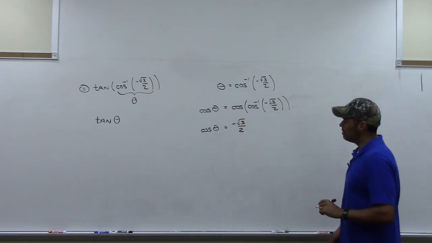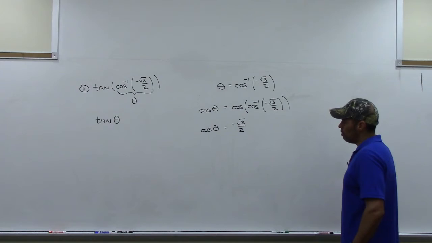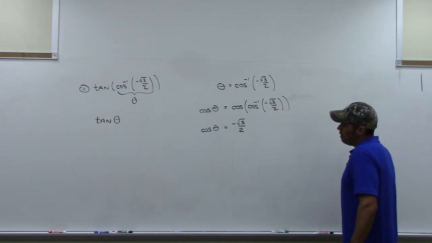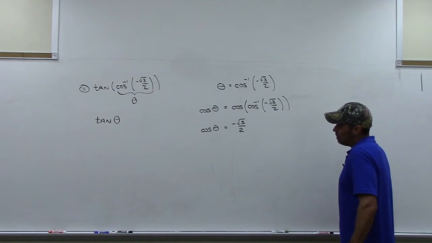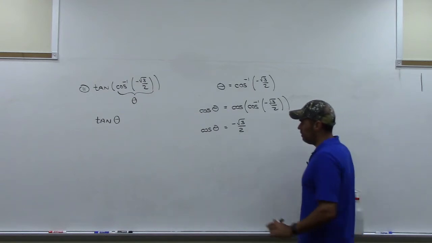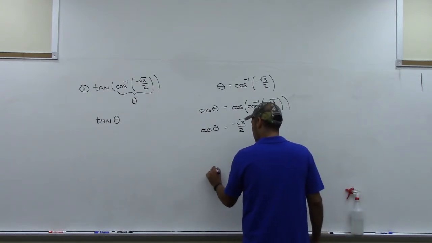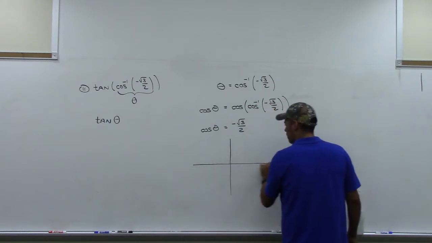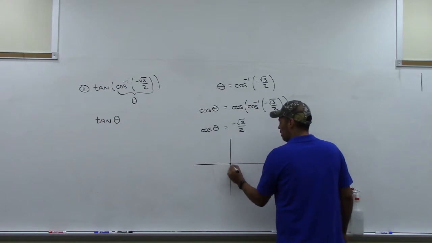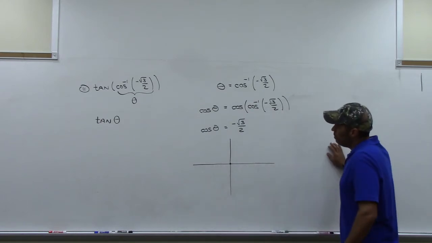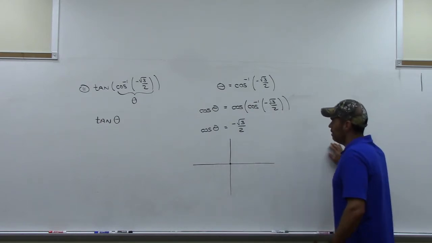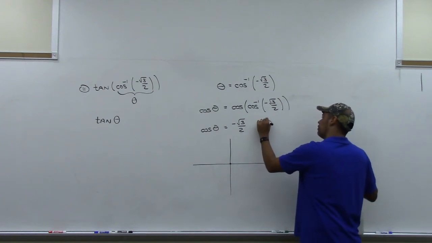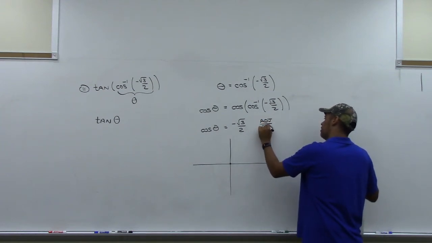And now from this, I can try to draw a reference triangle. The reference triangle is going to be a little bit weird because one of these is negative. So let's draw a triangle centered at the origin, like this. We know that cosine is the adjacent over the hypotenuse.